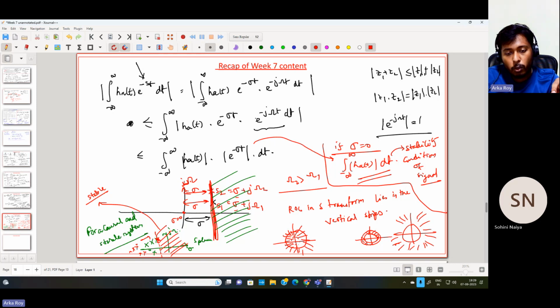Additionally, the j omega axis is enclosed by the ROC, which also signifies stability. As the ROC direction is outward, the system is causal. So a causal system will have an outward ROC that encloses the j omega axis, and each of the poles should be in the left hand side of the S plane.